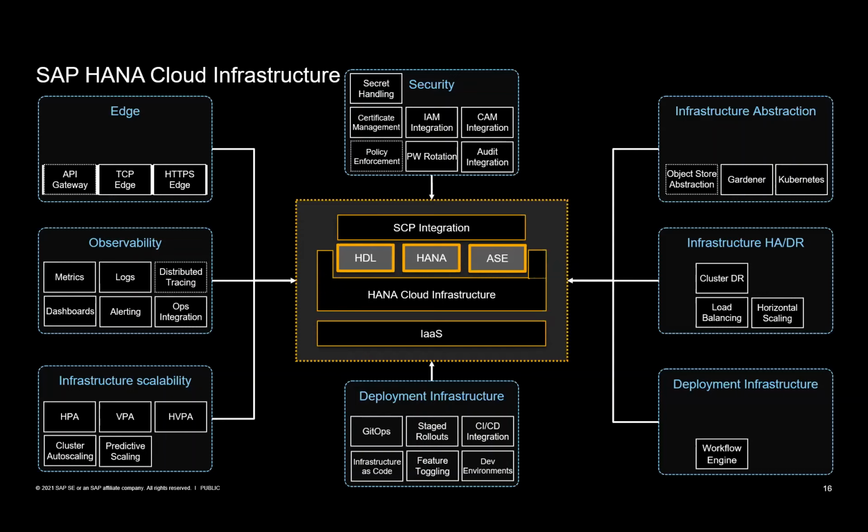So we have that going. And then we have continuous integration, continuous development, down the bottom, where we deploy new versions of the software into the cloud. So there's a fair amount of stuff going on behind the scenes here.